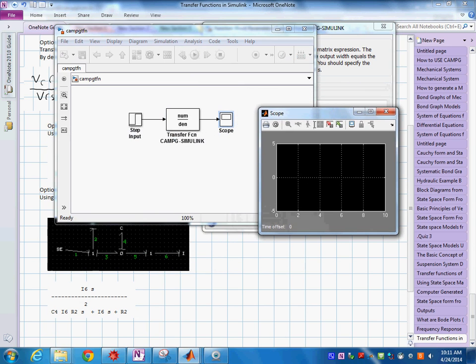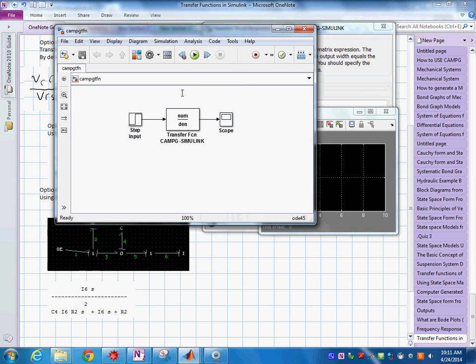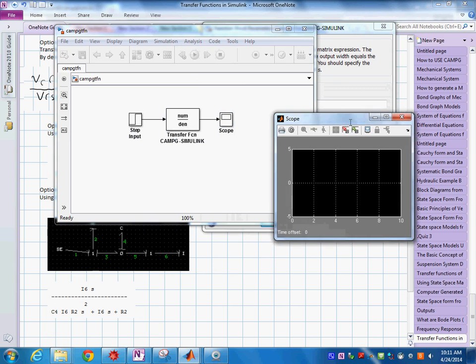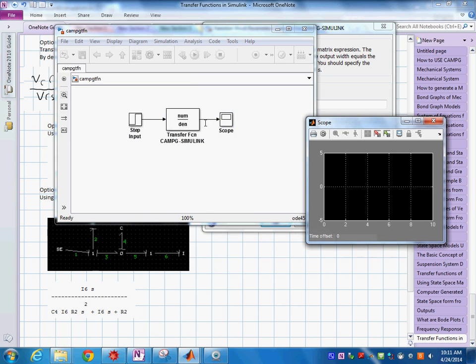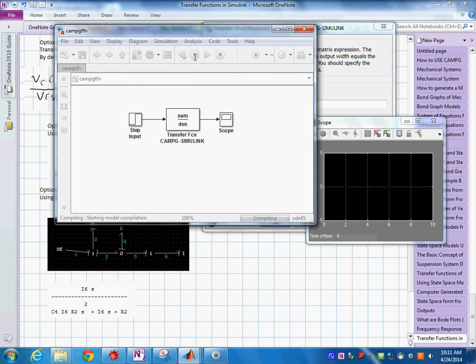you go over here and then you run it. In other words, that numerator and the denominator were obtained using the matrices. So in here, if you go here and run, you should be able to obtain the response.